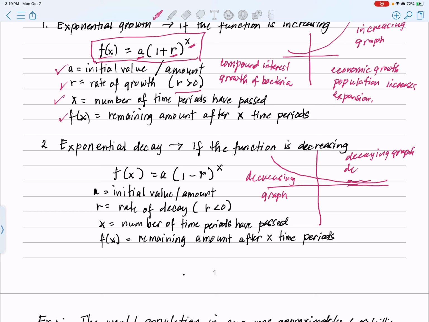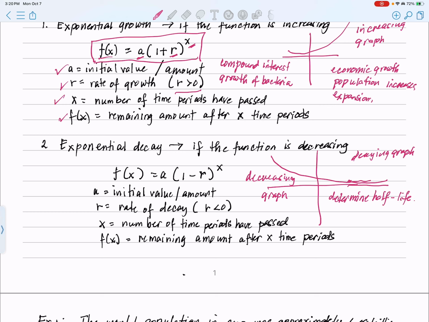All right. In a problem like this, we use a decaying graph. So exponential decay can be used to determine a half-life problem. Half-life problem.